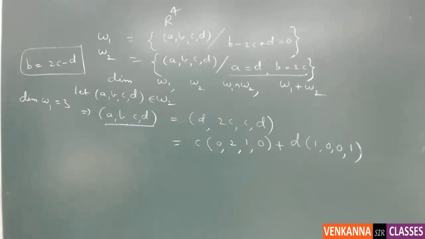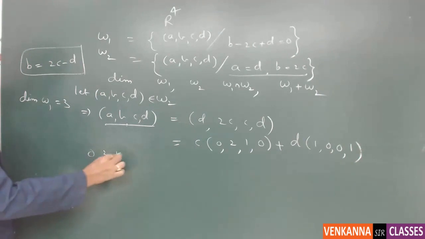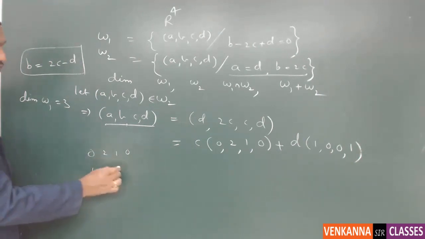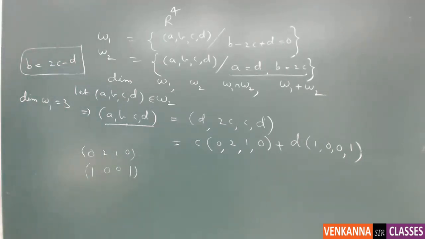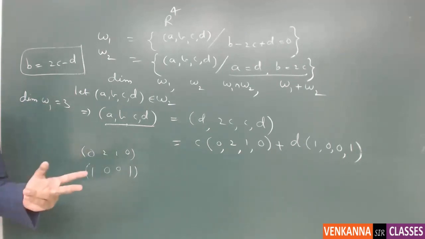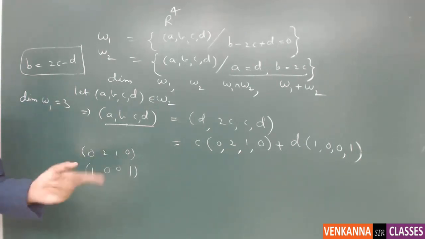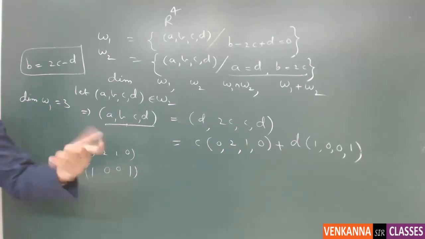Now you got exactly two vectors. (0, 2, 1, 0) is one vector, (1, 0, 0, 1) is another vector. So whatever the value ABCD you take in W2, that will be represented as a combination using these two vectors. So these two vectors together constitute a spanning set. Now the question is, are they independent or not? They are independent, because whenever you have two vectors, just observe whether one vector can be represented as a multiple of the other.